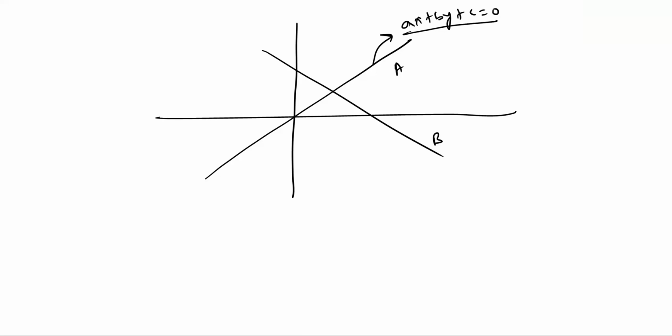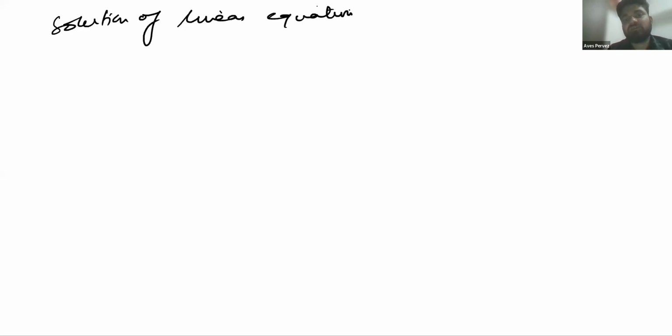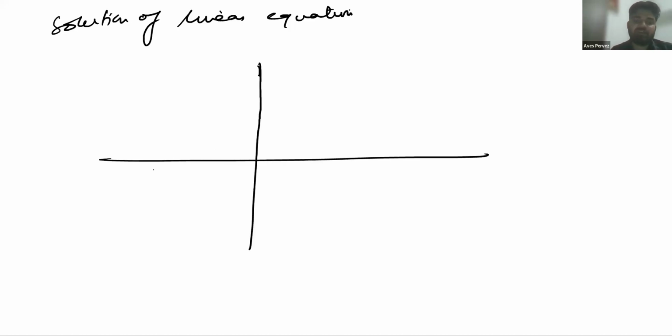Now if I'm talking about the solution of a linear equation, if it is a single solution, it means the point through which a line can pass. If I am having this line segment on the Cartesian plane, and this is a point here, don't think that it is touching only this point and this point.